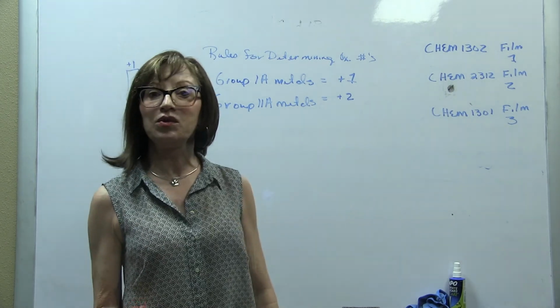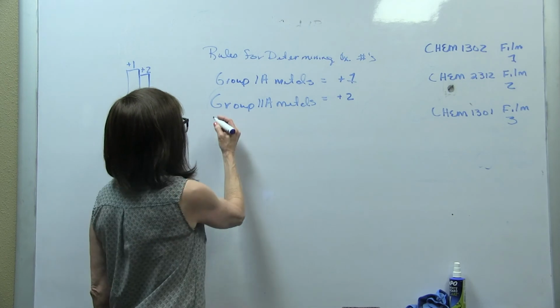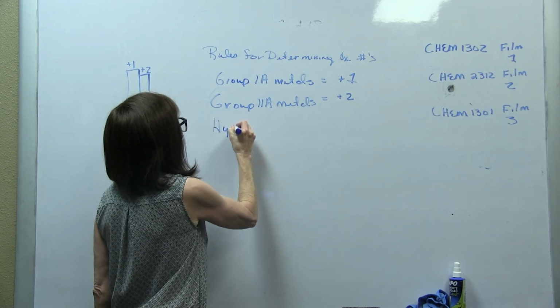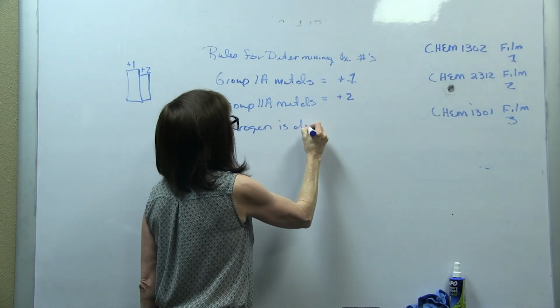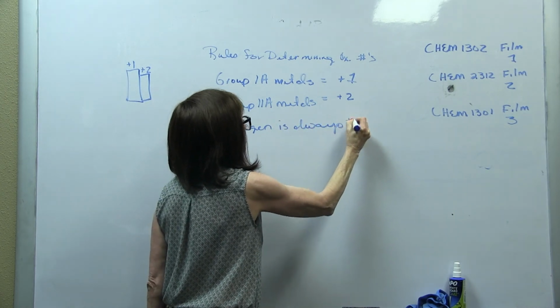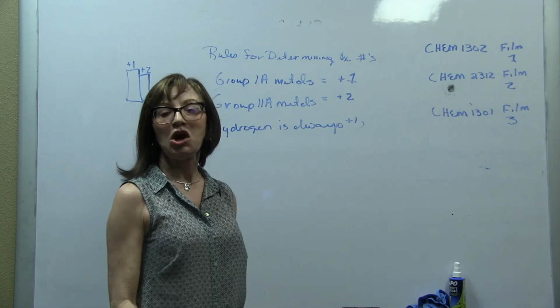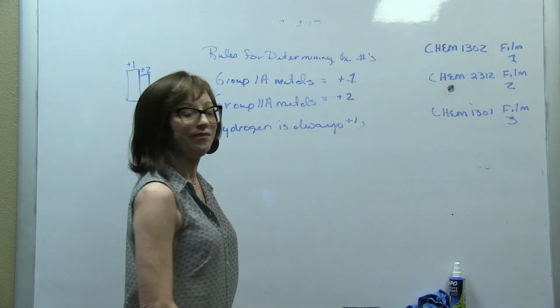Now you have to be careful with hydrogen. So hydrogen is always +1, except when with a metal.